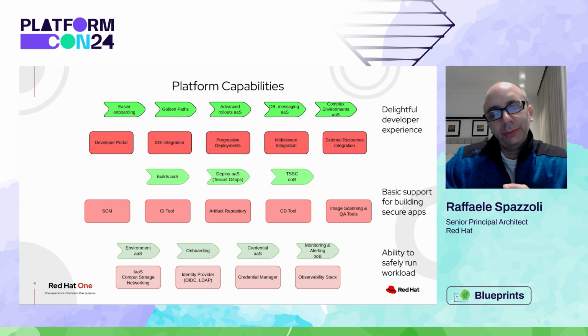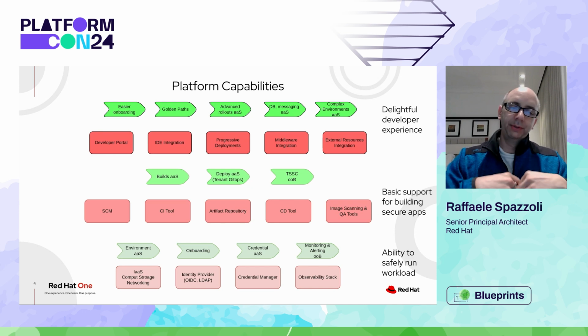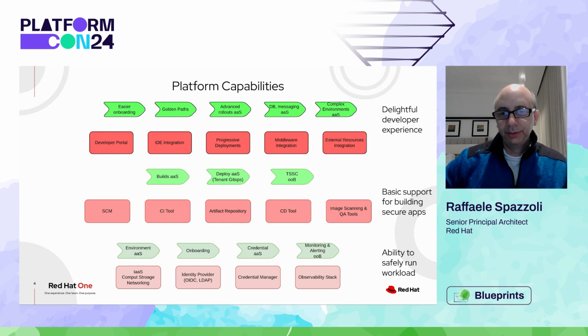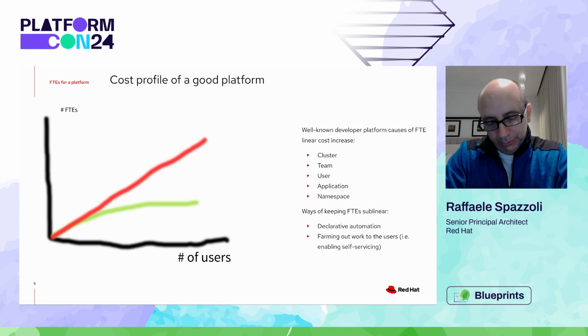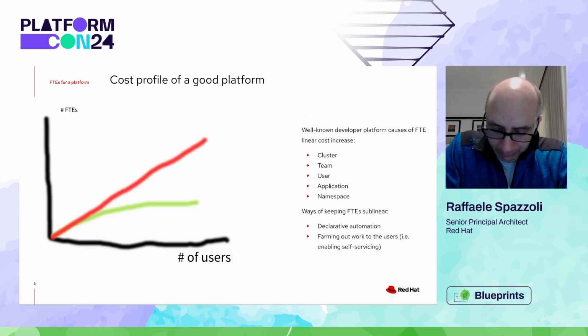But the point I'm trying to make with this slide is that building a platform is a large integration exercise with many tools, and then once you integrate the tool, you have to build processes around these tools. So how do we think about building these processes and this platform in such a way that we can actually scale, and we can do it at scale?